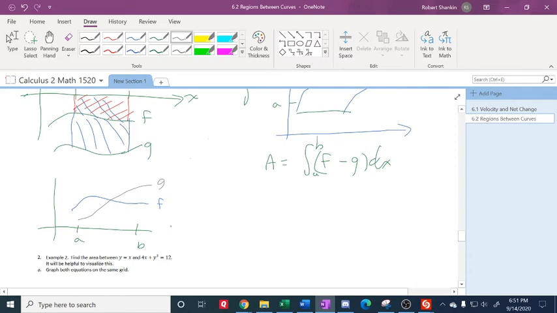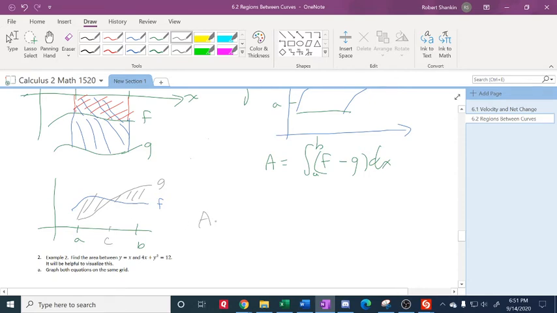Now, area between the two curves does mean you want everything to be considered positive. You want to get all this area between them as a positive number. There might be more than one way, but one way to do it is you create this point C where they change, where they're equal in value.